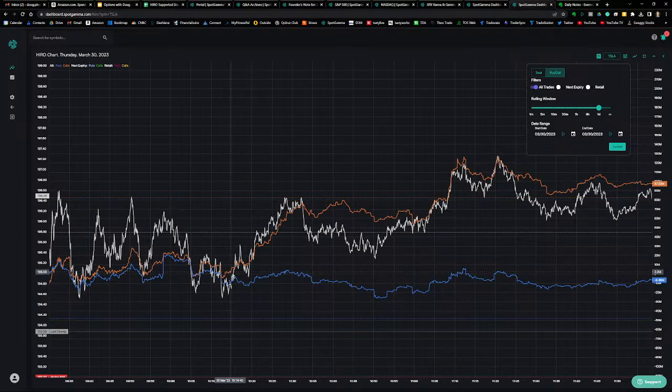Right around 10:15, 10:20, you can see this orange line increasing, indicating that's a good time for a long setup. Price breaks this trend, call buyers come in, and price starts to move higher.